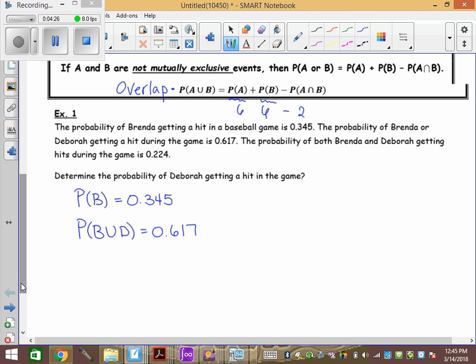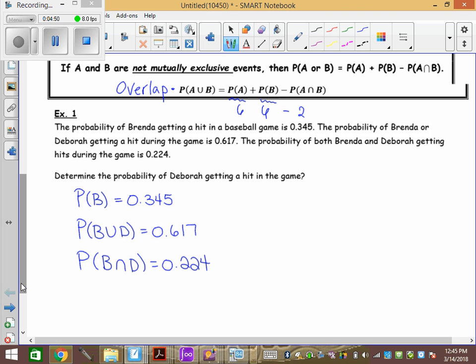So we're just writing down the information that's given, right? Then it says the probability of both Brenda and Deborah getting a hit, Brenda and Deborah, is 0.224. So if I went to do a Venn diagram, no overlap would mean that the and would be empty, correct?